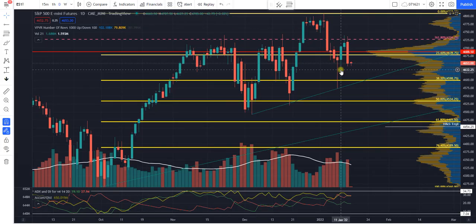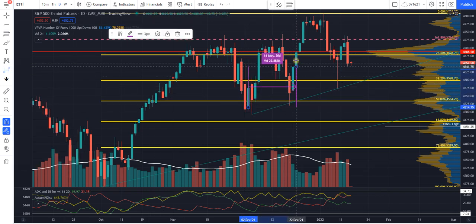And as such, if we do establish a right shoulder, we would look for it to be around the length of time of this one, which is about, let me make sure, yeah, 14 days before the head.